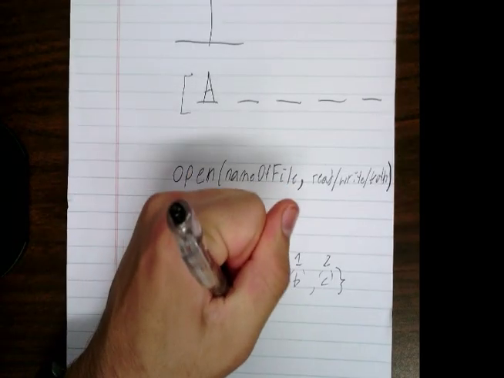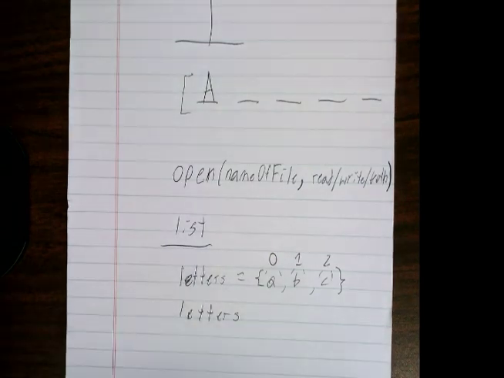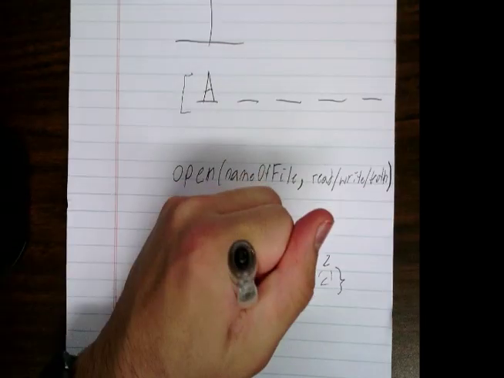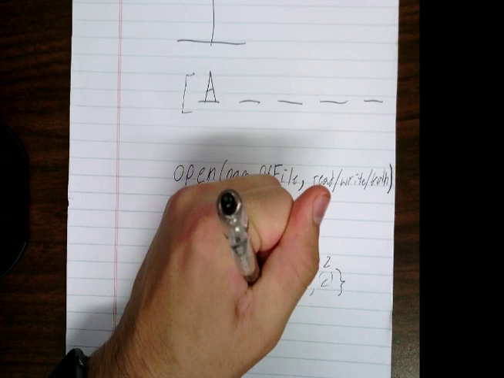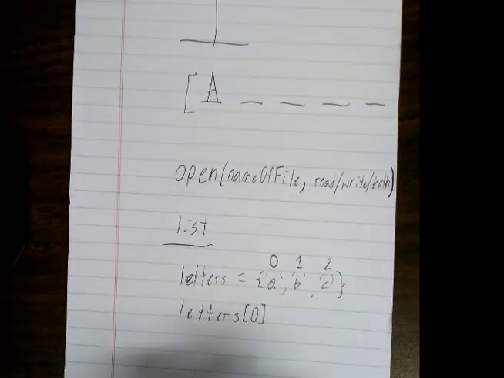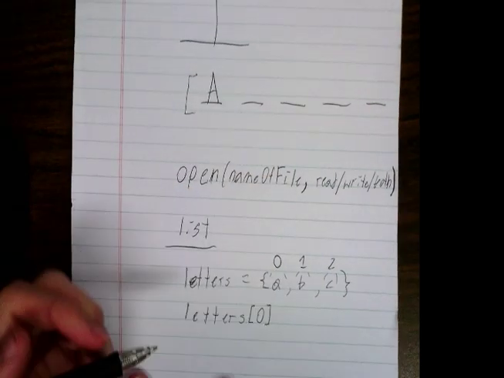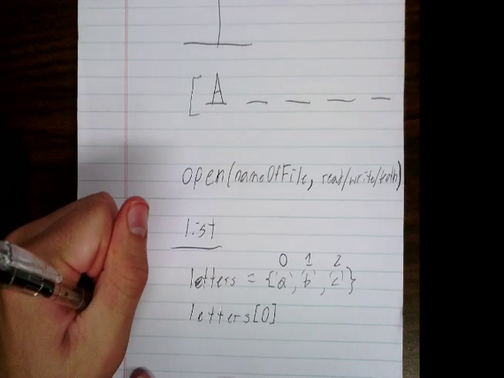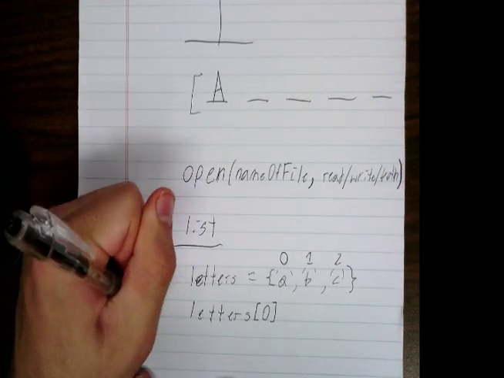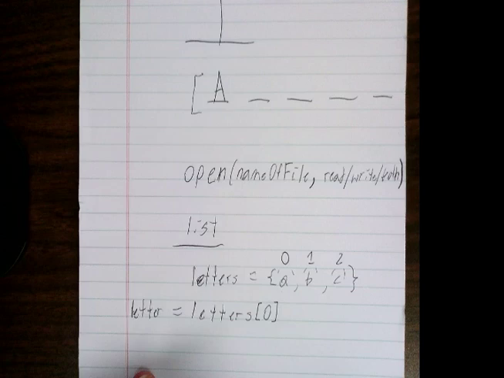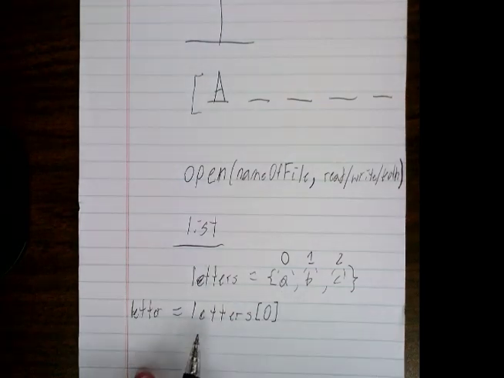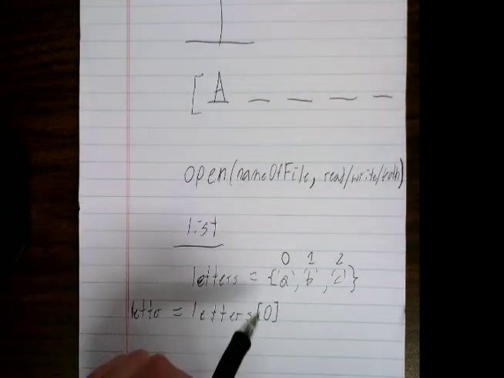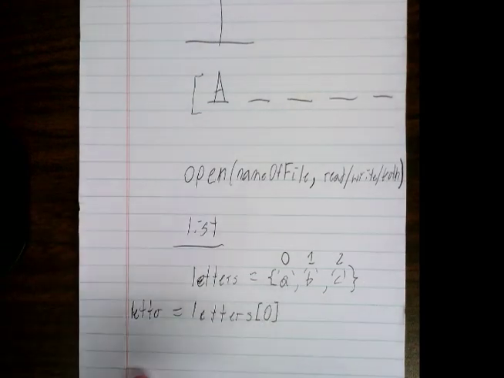So when I want to say, hey, what's at number 0, I'm going to put brackets and say letters at 0. Then I can set that to another variable that's just a singular letter. So now I'm saying letter equals letters at 0. So letter would equal A in this example.